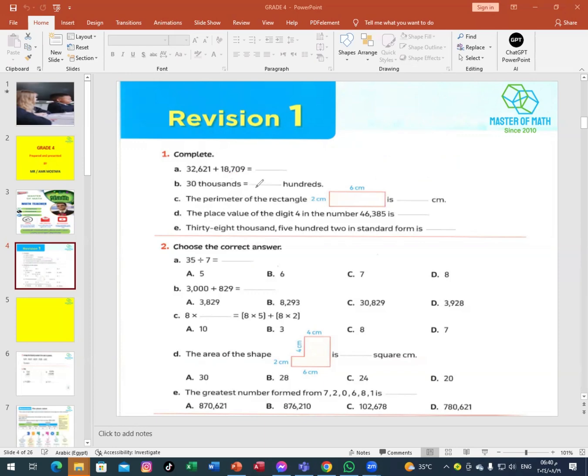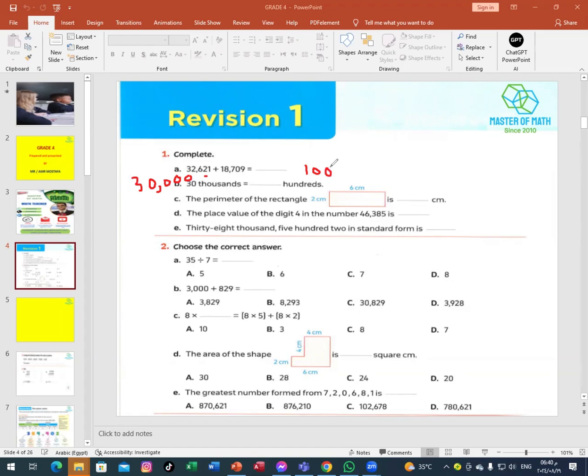30,000 equal what hundreds? I have to write 30,000. 30 and 1,000 is 3 zeros: 1, 2, 3. So 30 and 1,000, 3 zeros. Hundreds have 2 zeros.